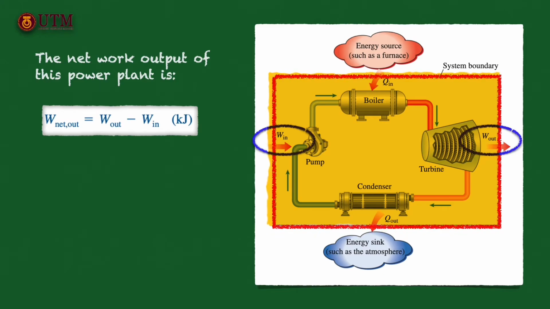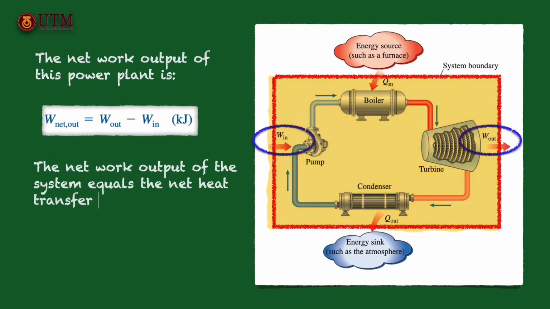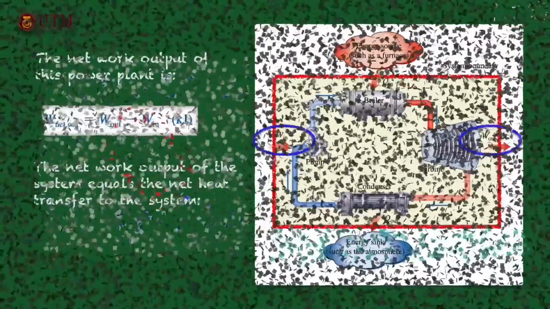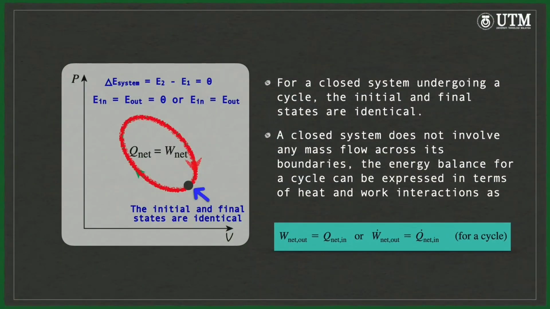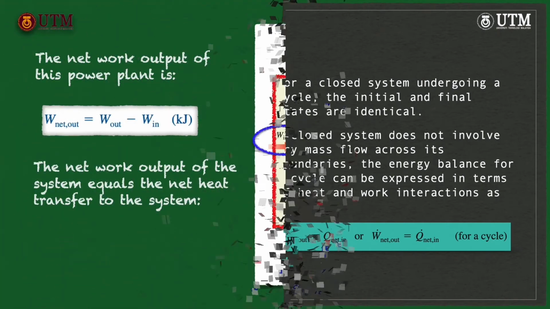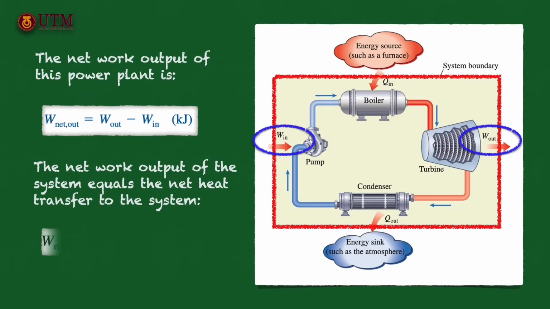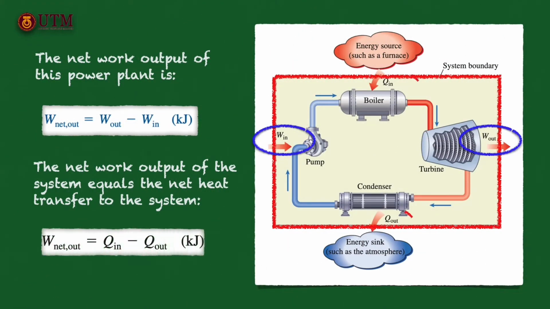Recall that for a closed system undergoing a cycle, the change in internal energy, delta U, equals 0. Therefore, the net work output of the system is also equal to the net heat transfer to the system, as demonstrated here.